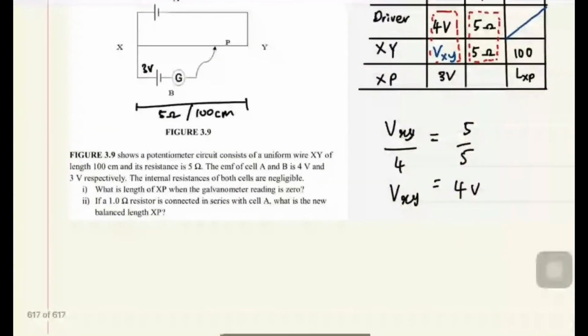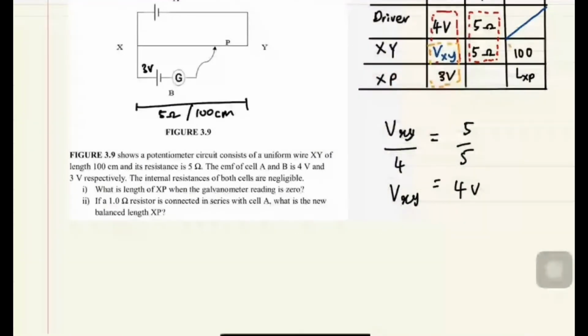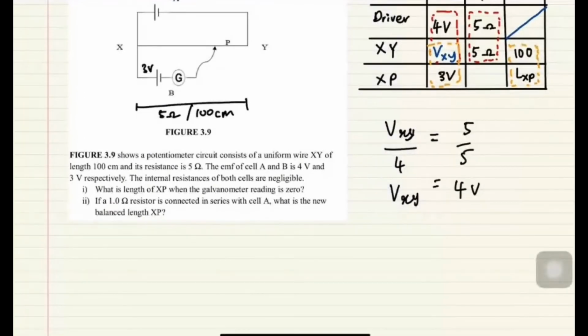And then for the next one, you apply the second step. Basically you apply this one, VXY with the 3 volt, and combine. So you want to check LXP. LXP over 100, XP over 100 equals 3 over VXY, which is 4.